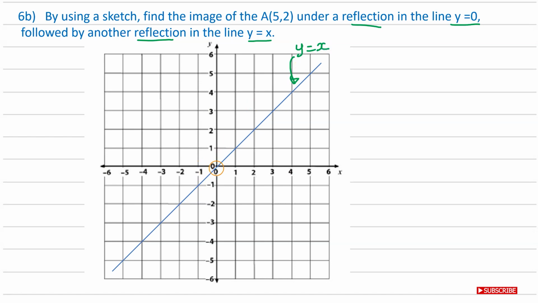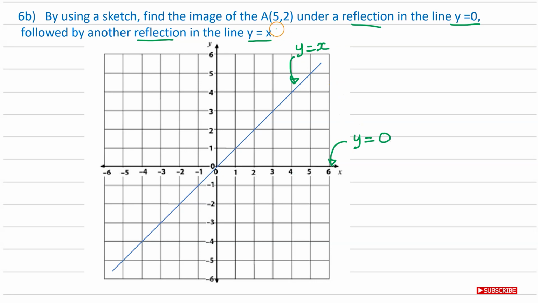We know it is going to go through the origin, and the gradient of that line is 1. So what we have is y equals 0. So the line y equals 0 is the x-axis. This line all the way horizontal, this x-axis, that is the line y equal to 0.